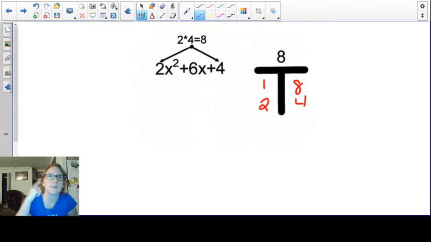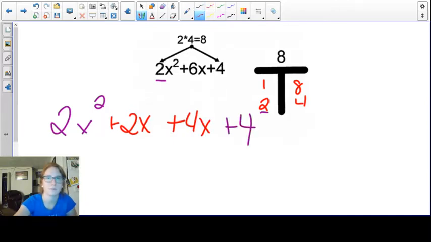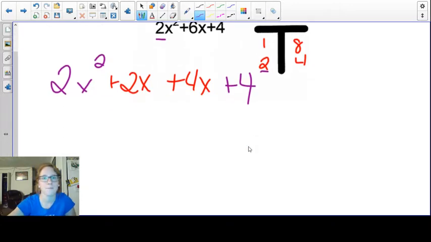So I'm going to rewrite this, and I want to be logical. If I already have a 2, I'm going to follow it with that 2. So I have 2x squared plus 2x plus 4x plus 4. Alrighty.